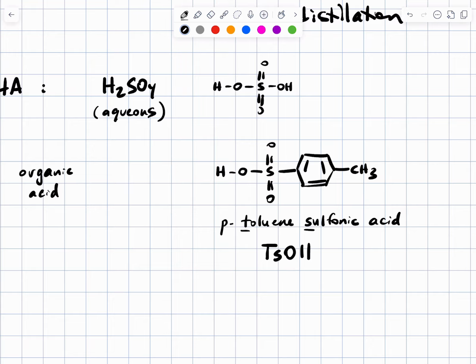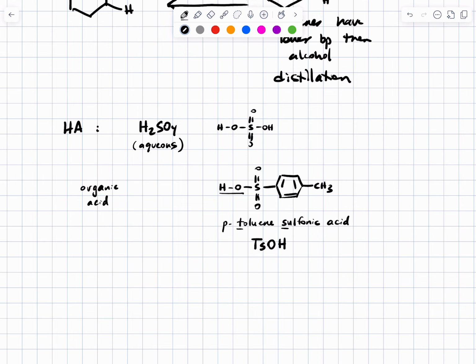And then we put an OH there to indicate that it's an acid. You can think of this as having a pKa of pretty close to -11. So it's a very, very strong acid. It's like the organic soluble version of sulfuric acid. And there are practical reasons why you would use one versus the other, but you can use them interchangeably. You ought to be able to recognize them both.